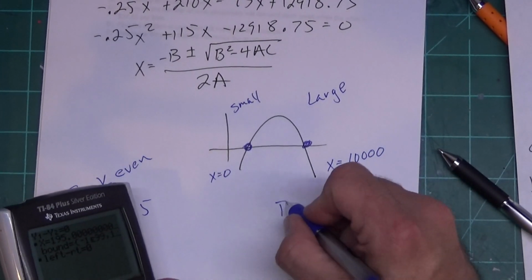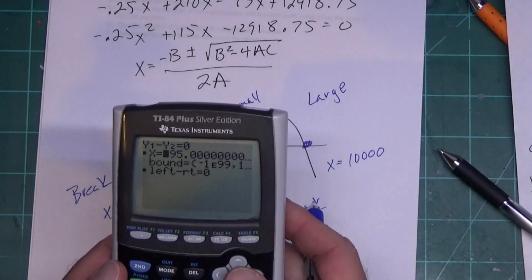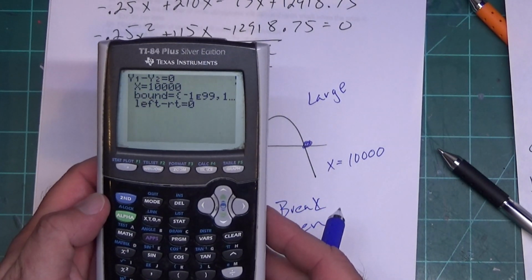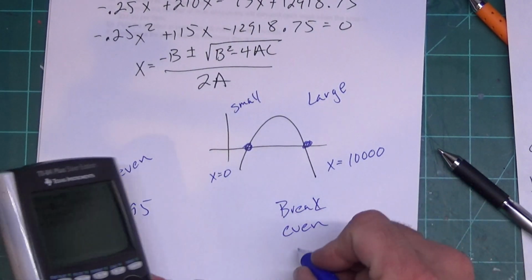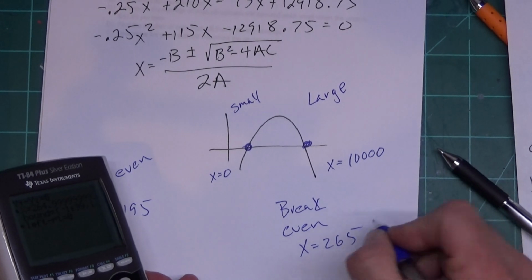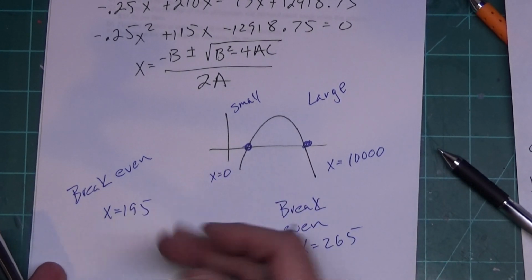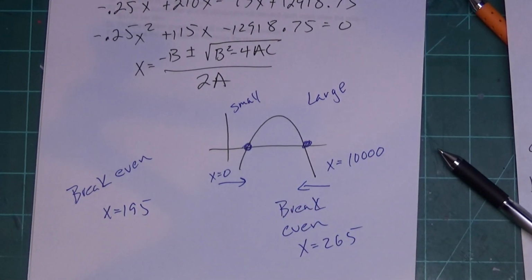So on this side over here, my break-even, we're going to type in 10,000 right here, hit alpha, enter, and it tells me 265. Okay? Remember, the solver will find the closest answer to your guess. So I'm guessing small, so it'll find the answer that way. Then it gets large, so it'll find the answer that way. Okay? Go ahead and go watch the equation solver video. It'll show you what's going on.